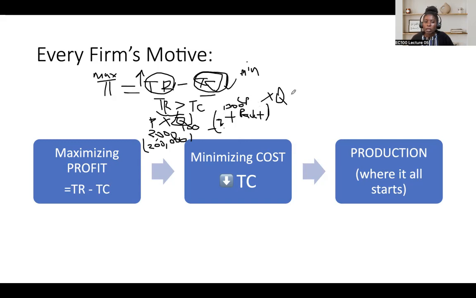So we take this times quantity, again the same 100 pieces that you have sold. So you will get about 130,000 shillings.